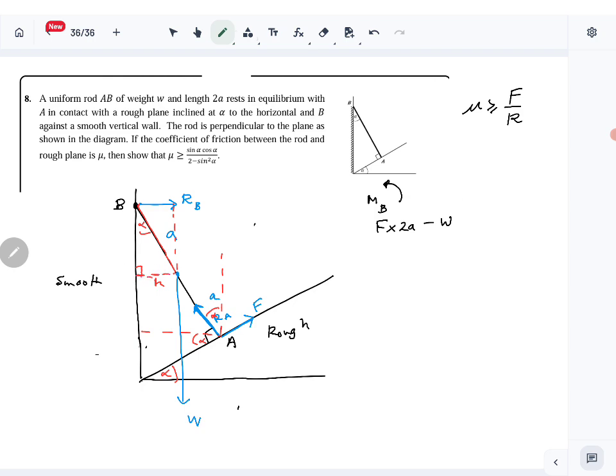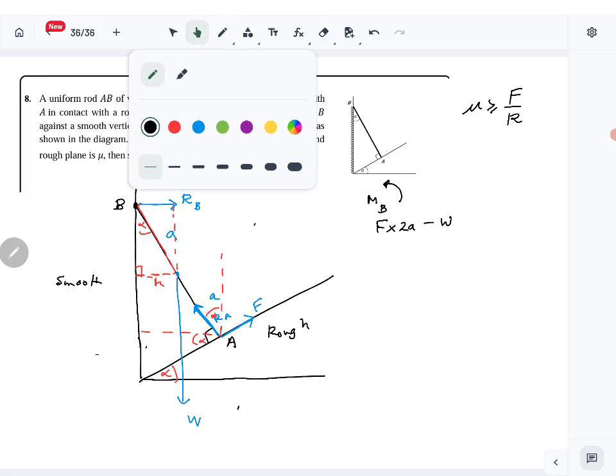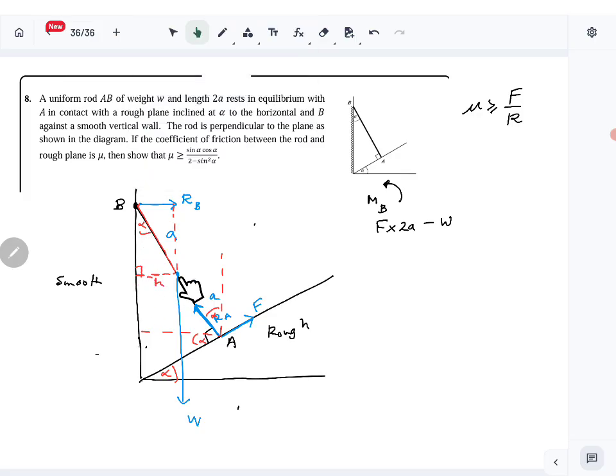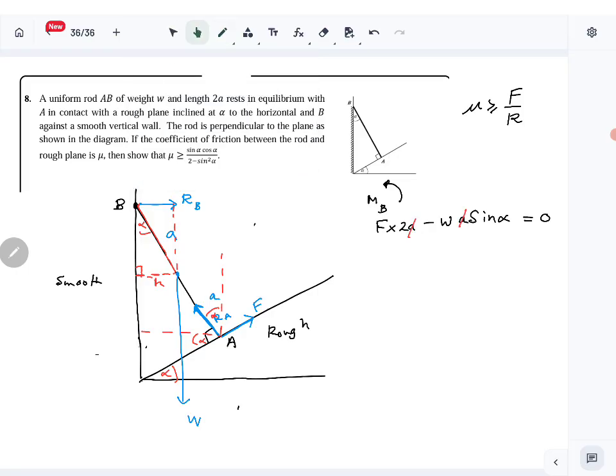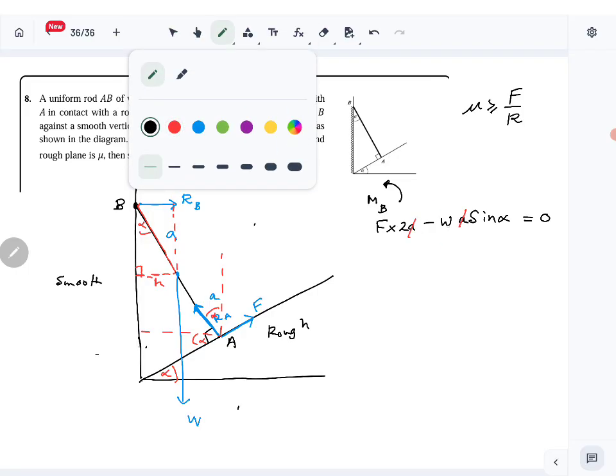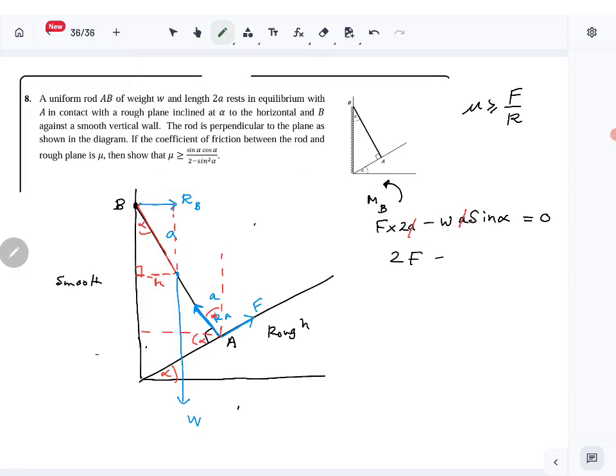So you multiply W by that: 2aF minus W a sine alpha equals 0. Then cancel the common term a. Then 2F is equal to W over sine alpha, so friction is equal to W over 2 sine alpha. So friction done. Let's mark it as 1.